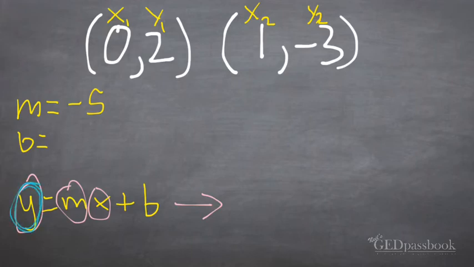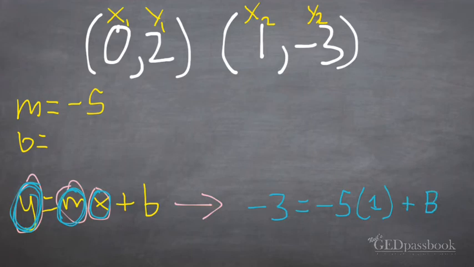My y. If I'm using this set right here, what is my y? Negative 3. So I'm going to put negative 3. Equals, what was my m that I had found? Negative 5. What was my x from the set of points that I borrowed? 1 plus b.